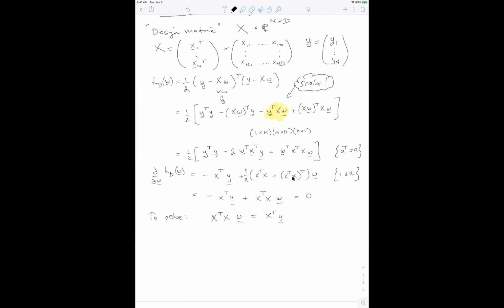Now we can take the inverse of x transpose x and I get this expression.